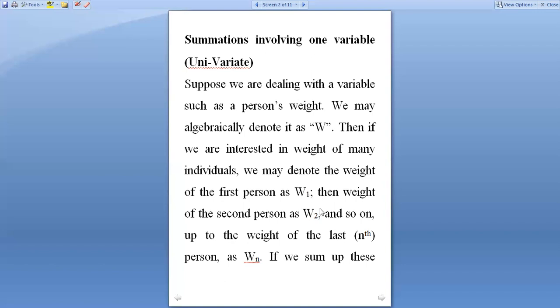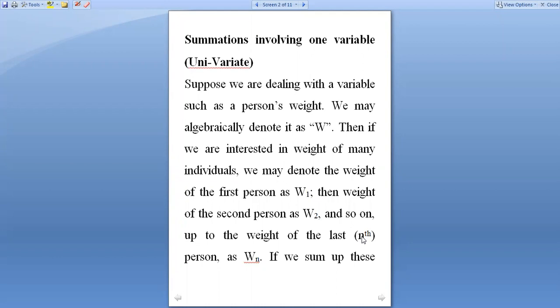Then the weight of the second person is represented with W2, and so on and so forth, until you reach the weight of the last person. Usually we denote the weight of the last person as the nth person. So whenever you see nth, we are referring to the last person.